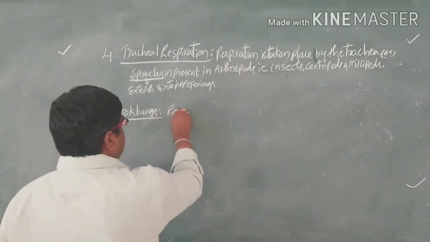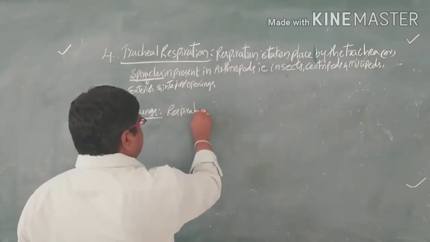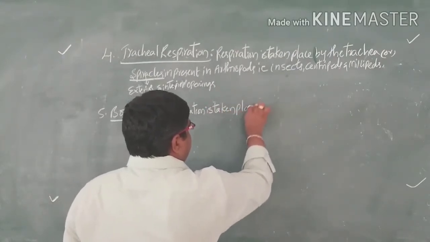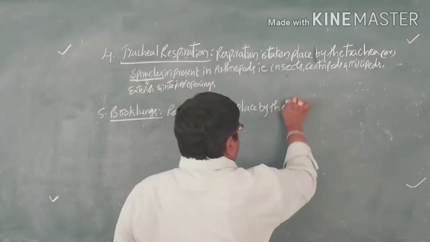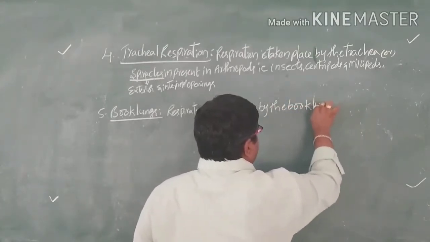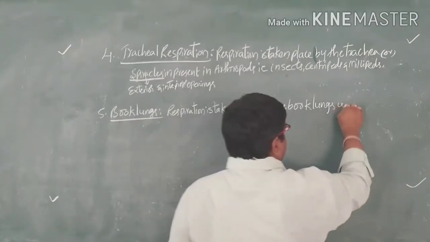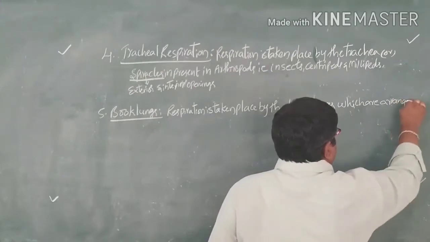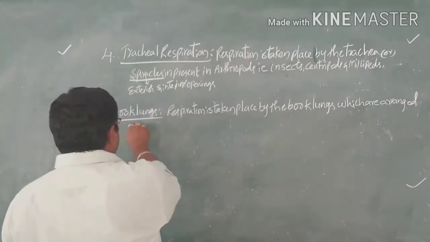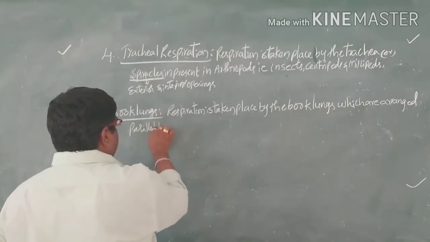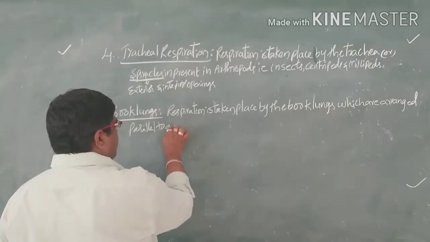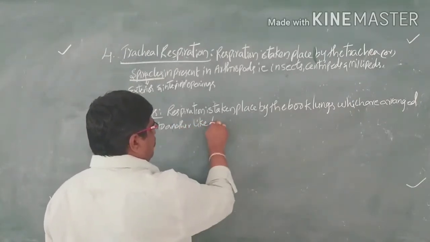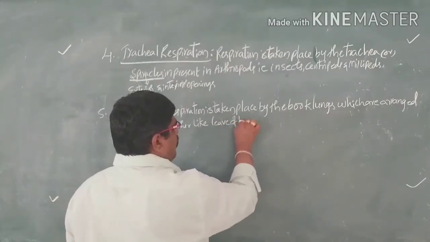Their respiration takes place by the book lungs, which are arranged parallel to one another like leaves of a book.